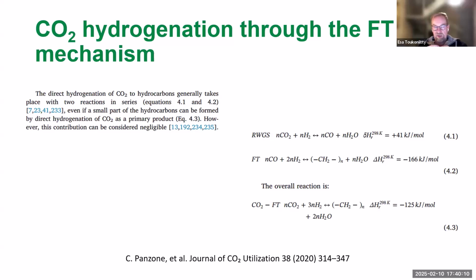We haven't covered the Fischer-Tropsch chemistry during this course, but it resembles the polymerization reactions, where monomer units, the CH2 building blocks, are connected into longer chains in that reaction.